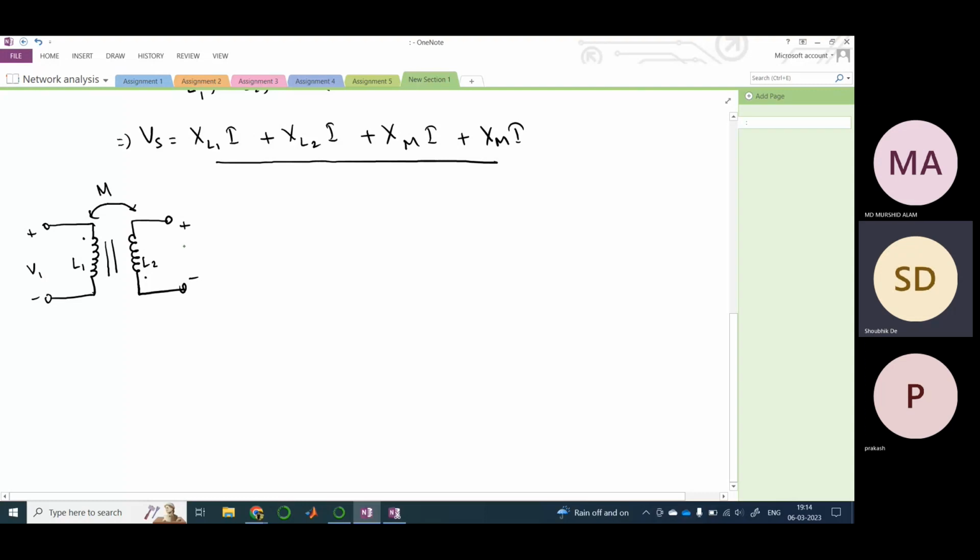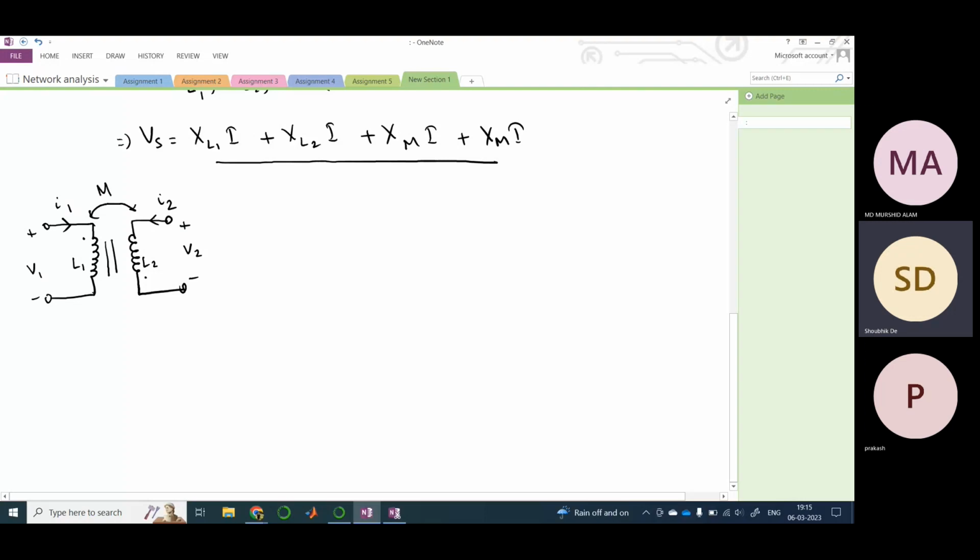It should be known to you. Let's say the current flowing through inductor 1 is from left to right, and similarly here it is from right to left.